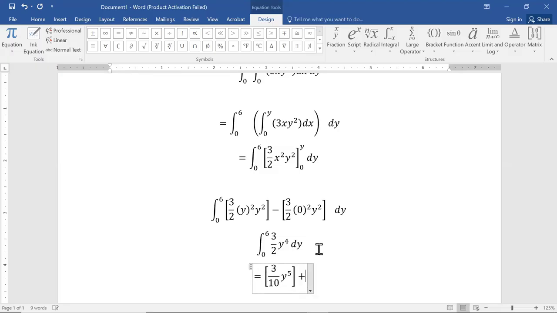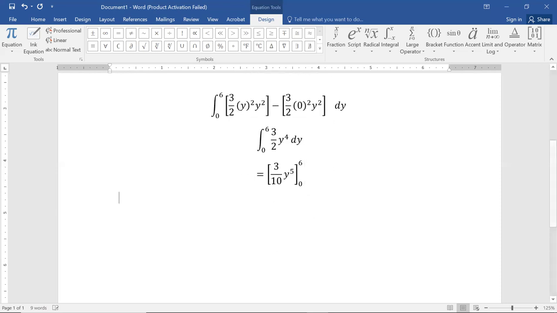I'm going to be plugging in 0 and then plugging in 6. When you plug in 6, you get 3/10 times 6 to the 5th power. When you plug in 0, you get 3/10 times 0 to the 5th power.